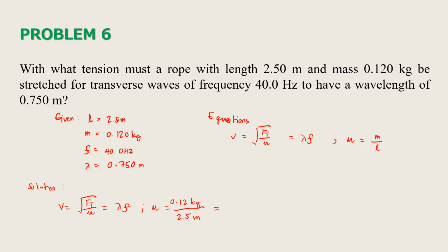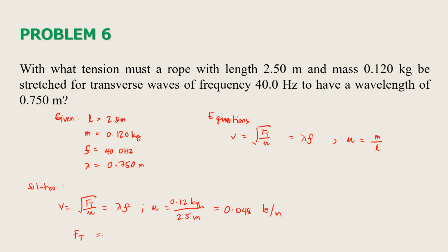So we have mu is equal to 0.048 kilogram per meter.